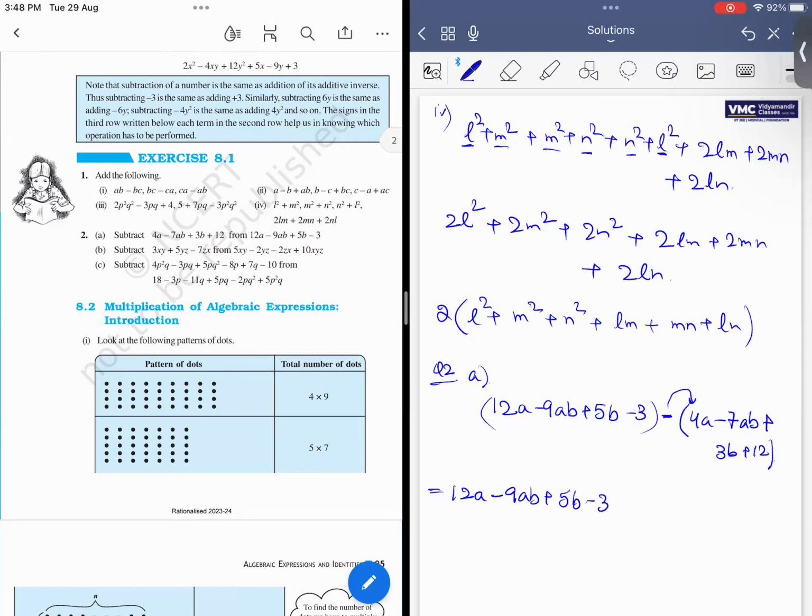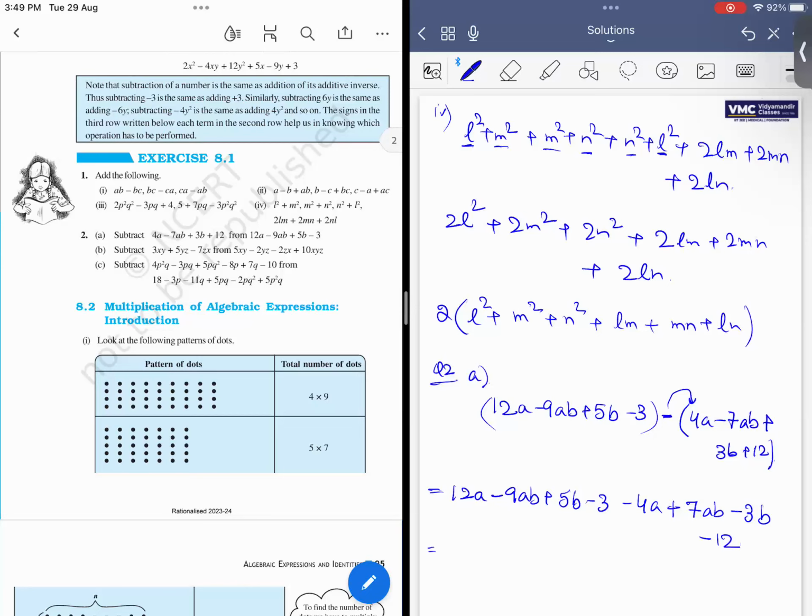So minus 1 into 4A is minus 4A. Minus 1 into minus 7AB, we know that minus minus plus, so plus 7AB. And minus into plus 3B is minus 3B. And minus 1 into plus 12 is minus 12. So this is how we open the bracket. Many a time students do make mistakes while opening the bracket. Okay, the proper sign of the terms, you have to be careful.